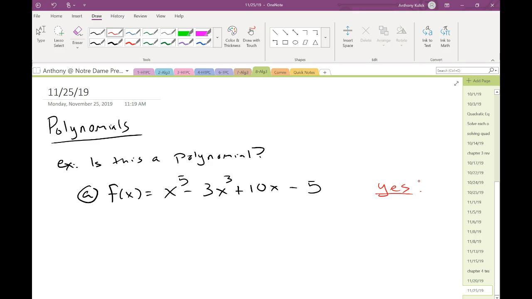Okay, so I think what you're talking about is standard form for a polynomial, but you could order the exponents from greatest to least and have something still not be a polynomial. What did we look for here to determine that this was a polynomial? It is, so you're right on that regard.